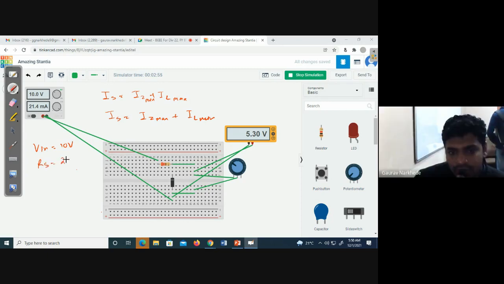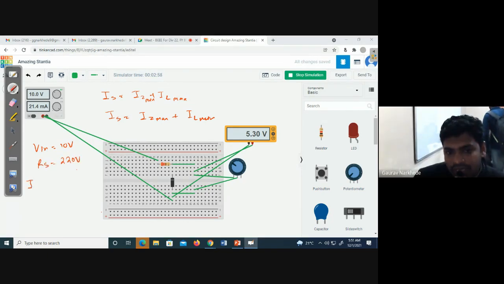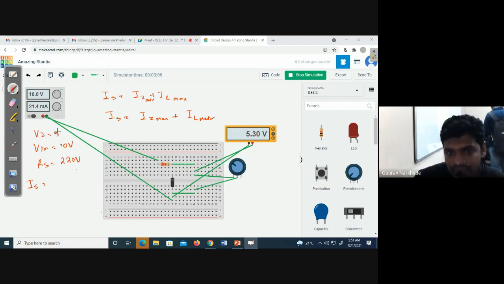RS is 220 ohms. Can you calculate IS? VZ here is 5 volts. So IS will be, कौन सा फॉर्मूला यूज करेंगे? V in minus VZ divided by 220 ohms.